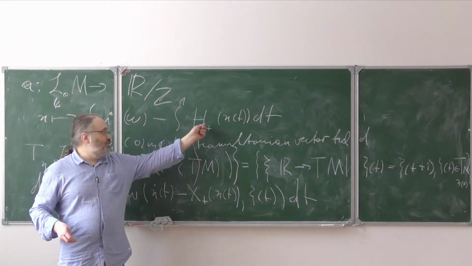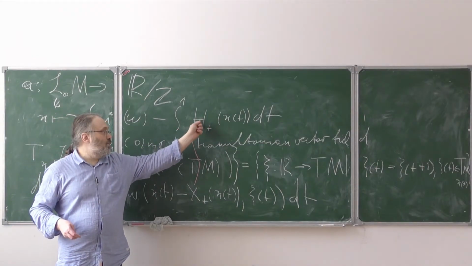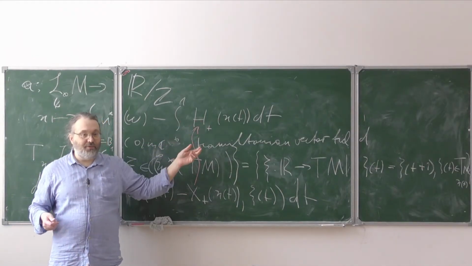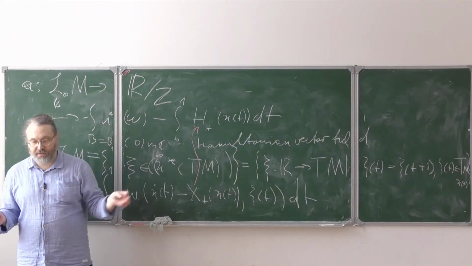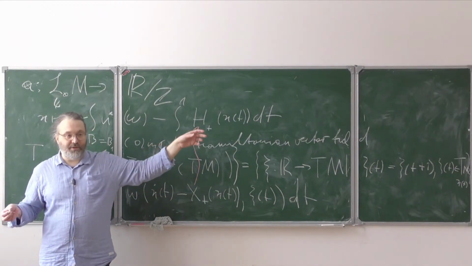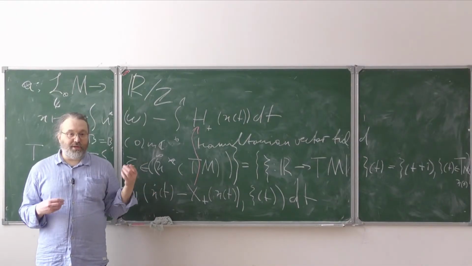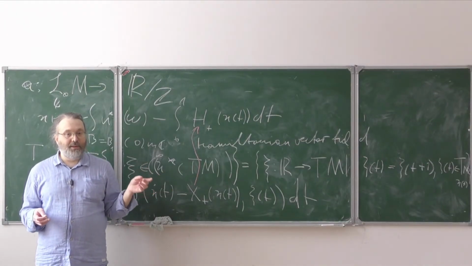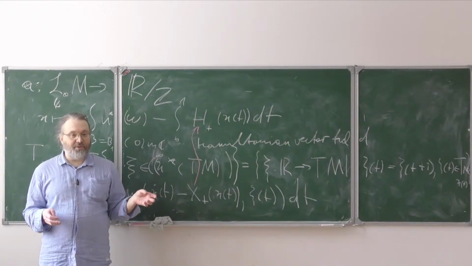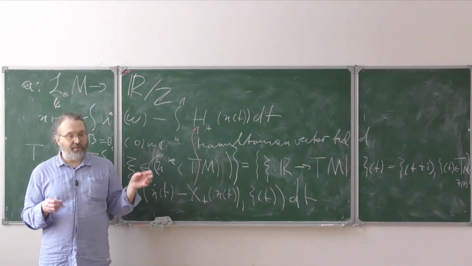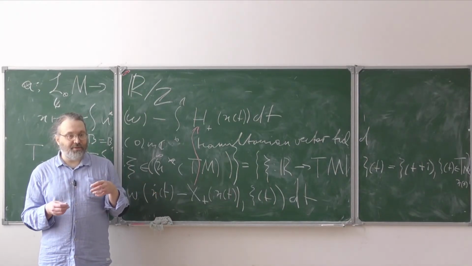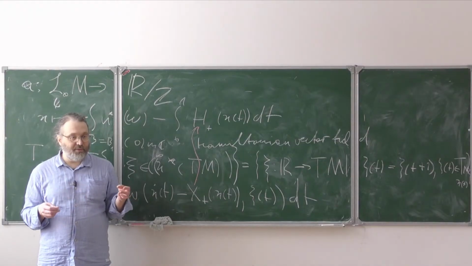We start with H_t. This is a family of functions. Each of those has a differential. But we also have the symplectic form, which gives us an isomorphism between the tangent space and cotangent space at every point.